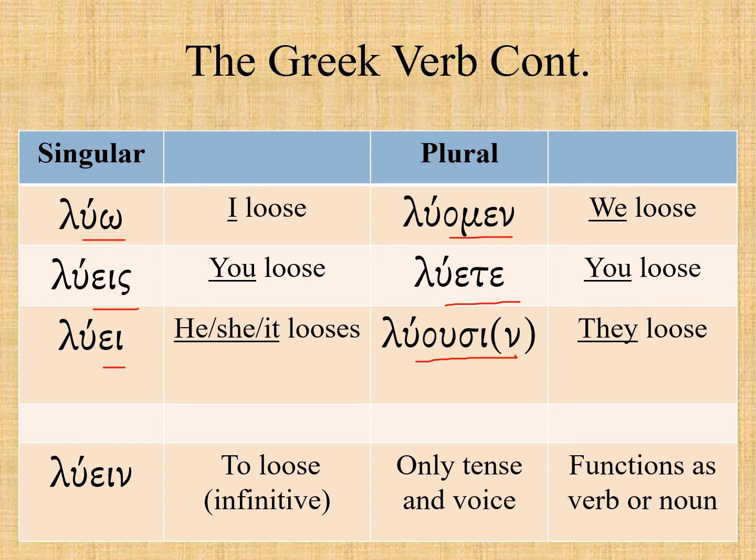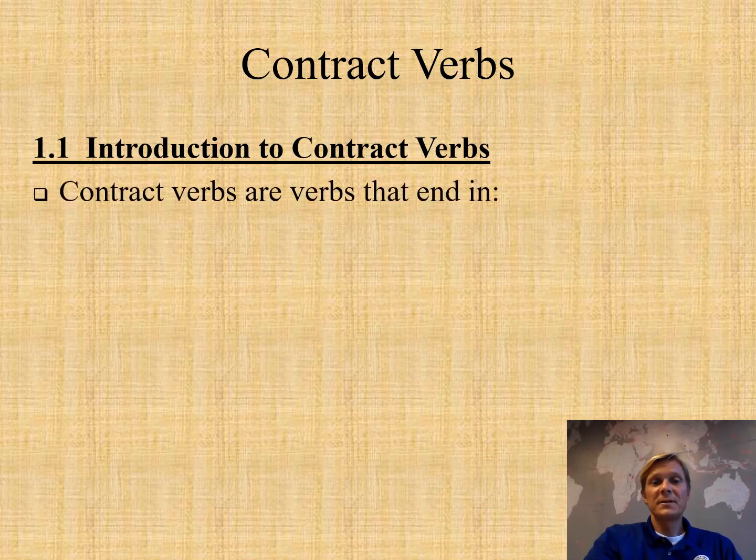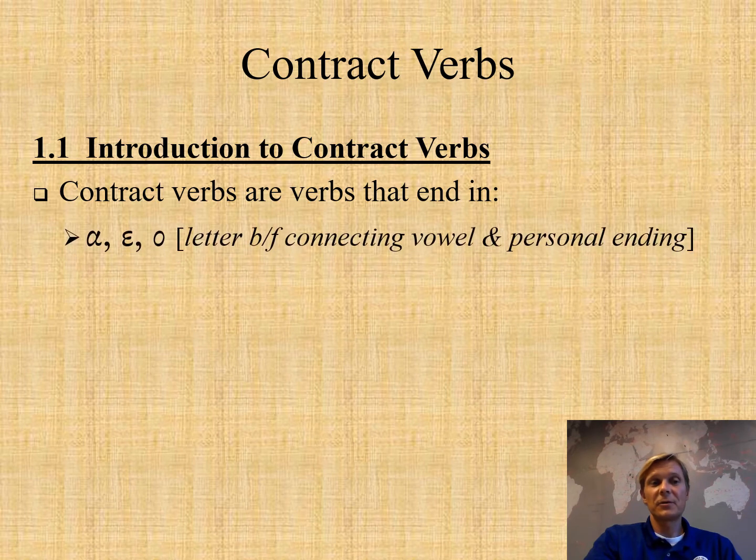So what is the difference between the regular present active indicative verbs and the contract verbs? The basic difference is that the contract verbs end in alpha, epsilon, or omicron.